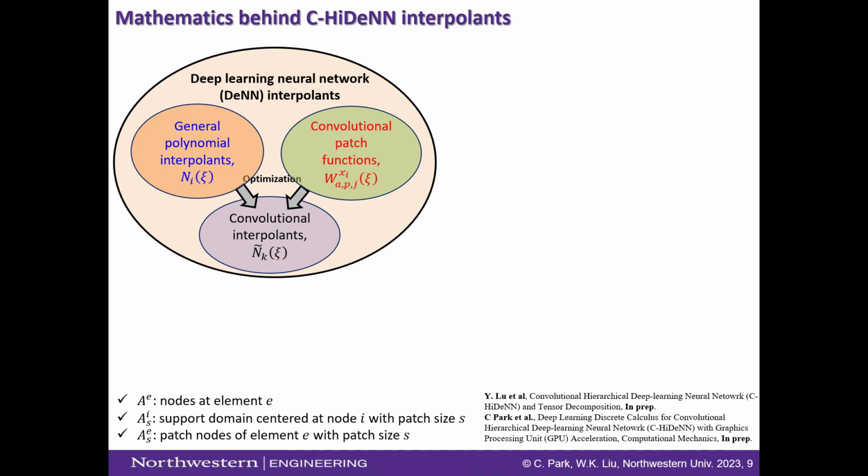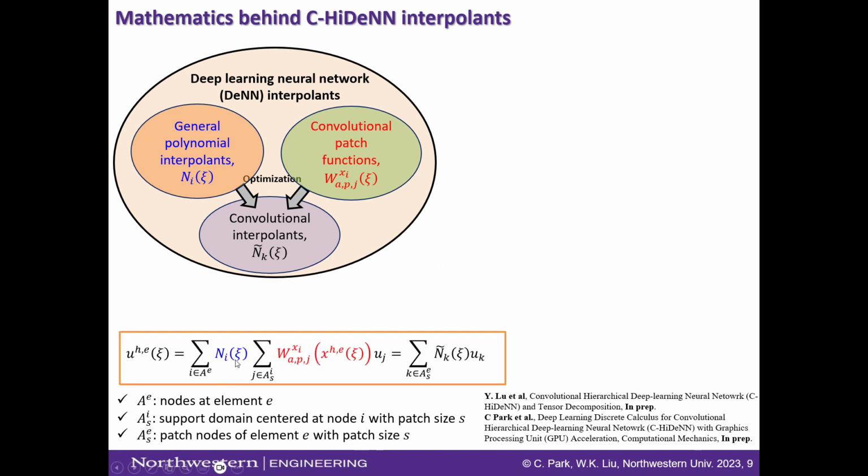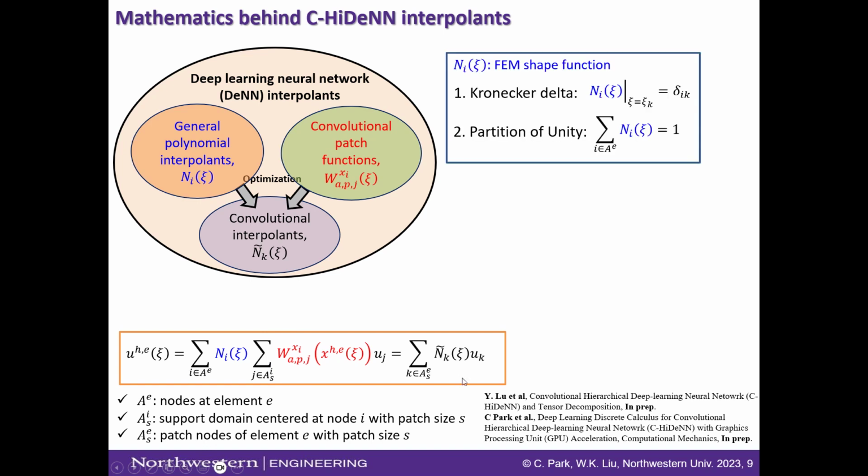So let me briefly go over the mathematics behind the C-HiDeNN interpolation. So C-HiDeNN interpolation can be written in this way. One is the standard finite element shape function. And this W is what we call convolution patch functions. And they are combined together to form the convolution interpolants, N tilde.